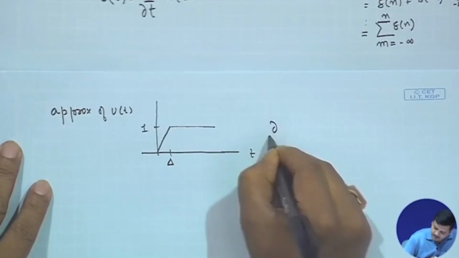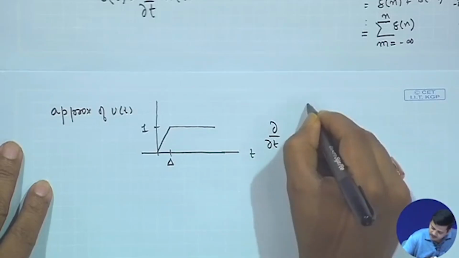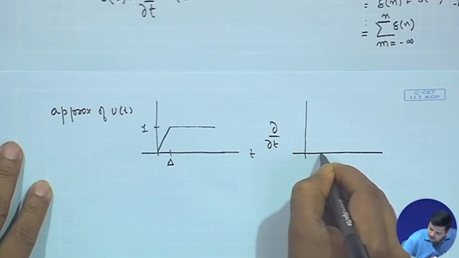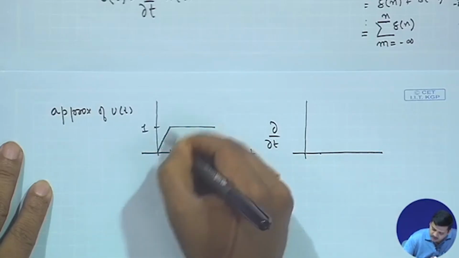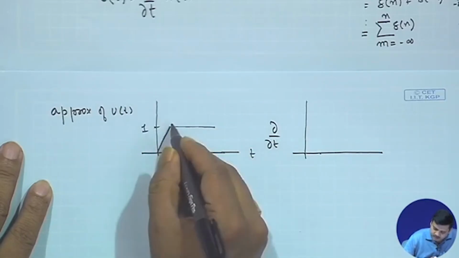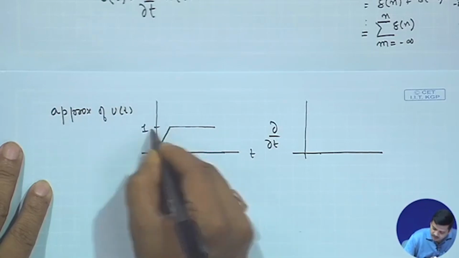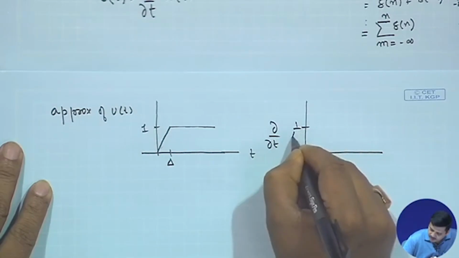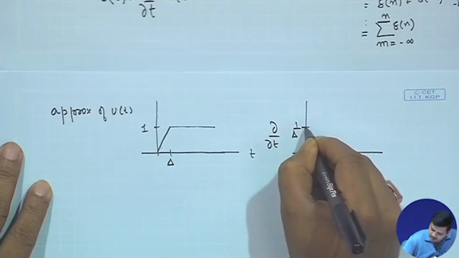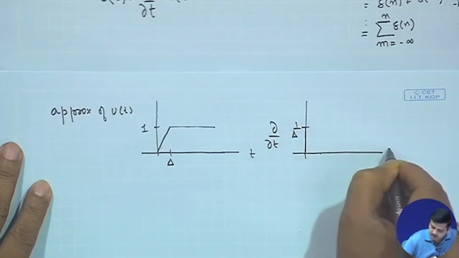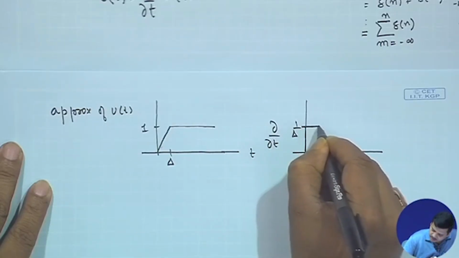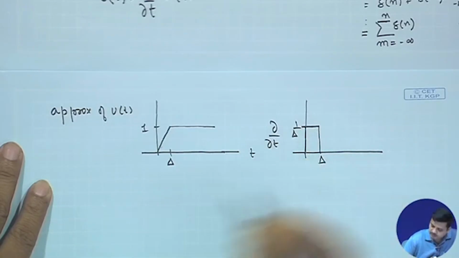So, if you take the derivative of this particular function from 0 to delta, there is a constant slope, and that slope is basically 1 upon delta. So, this value you are going to get 1 upon delta, and the rest of it is 0, right.